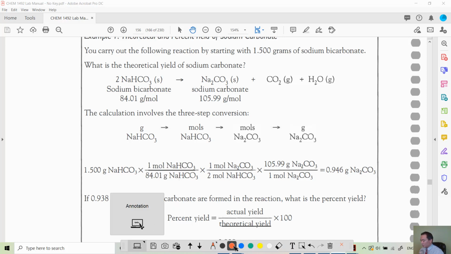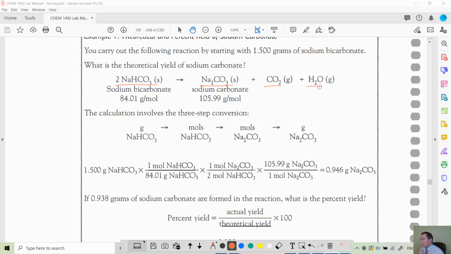In this chemical reaction, as you can see, 2 moles of sodium bicarbonate, or sodium hydrogen carbonate, or baking soda, they are exactly the same thing, will decompose to make 1 mole of sodium carbonate and 1 mole of carbon dioxide and water, respectively.